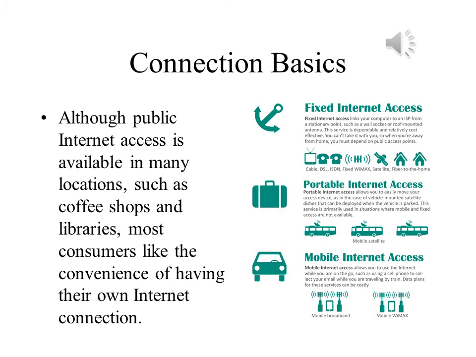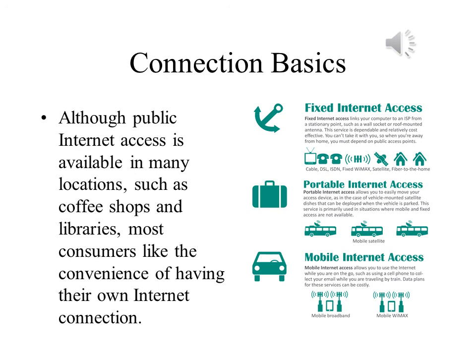There are a lot of sites at which users can obtain an internet connection. Coffee shops, libraries, college campuses. But most users prefer the convenience of their own connection. This brings to mind the difference between fixed, portable, and mobile internet access.